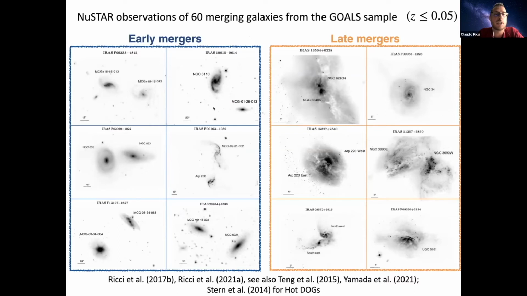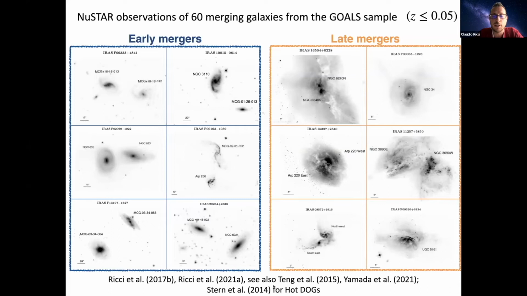So what was done here was that AGN in mergers were divided according to their merger stage, in early mergers and late mergers, and then the column density relation with this merger stage was studied, and this is something that has been done by several works.